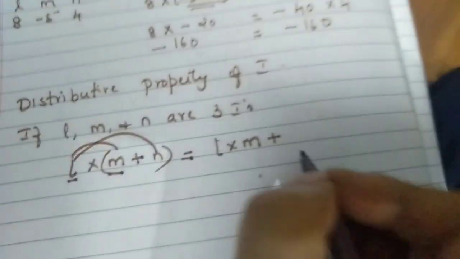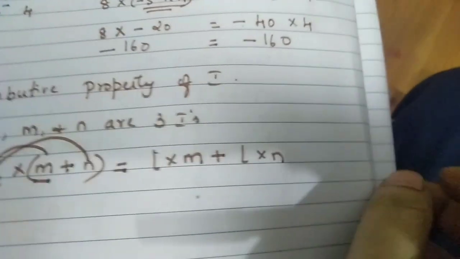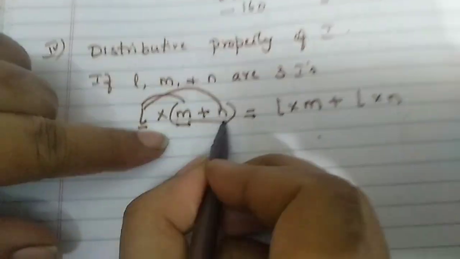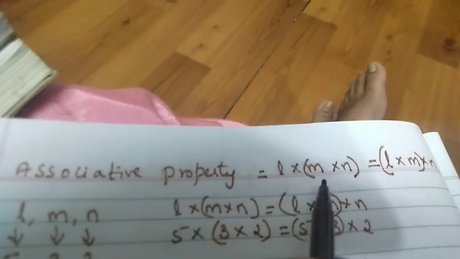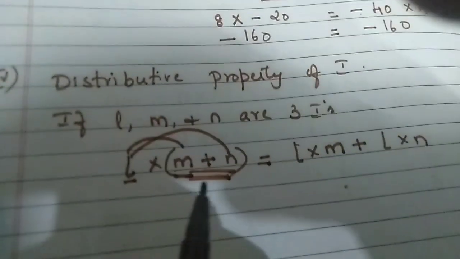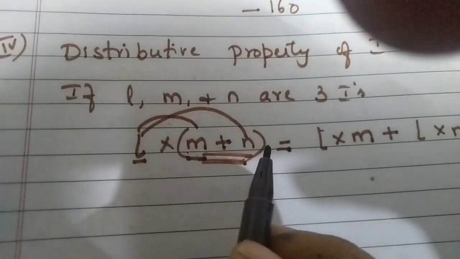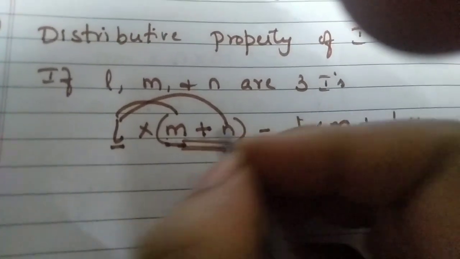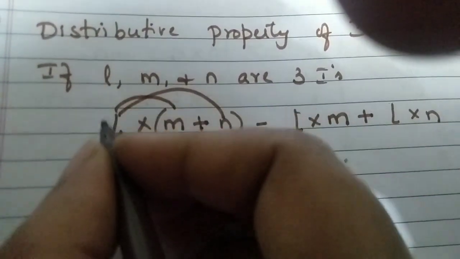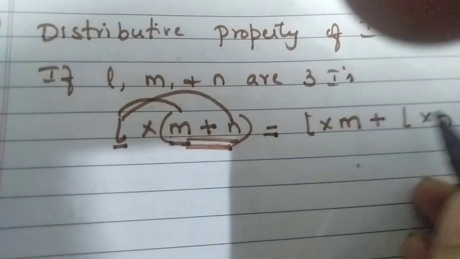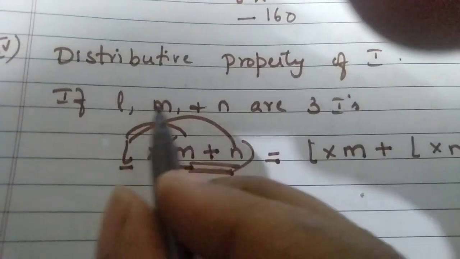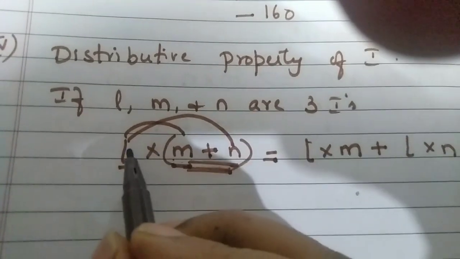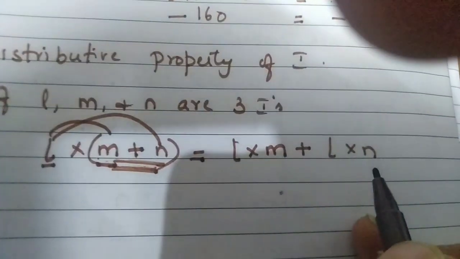Now again take L and multiply it with N, so L into N. Just remember, in the earlier one we took it as L into M into N, but here we are taking it as L into (M plus N), and then individually the integers given in the bracket, we are multiplying with L. So the result will be L into M plus L into N. This is how it looks.